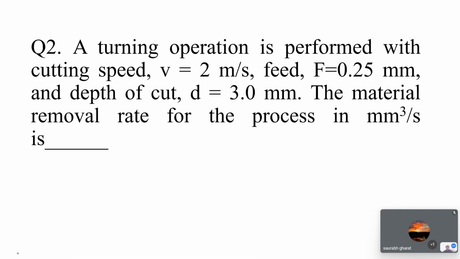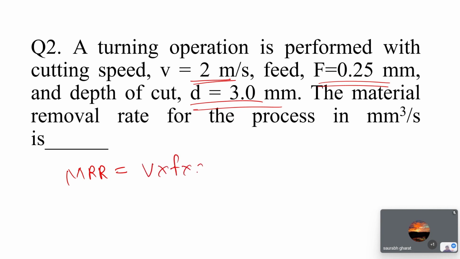Second question, a turning operation is performed with cutting speed V equal to 2 meter per second. Feed and depth of cut are given. So for MRR, you know MRR is equal to V into f into d. What is your V?